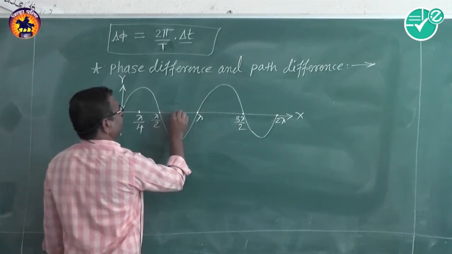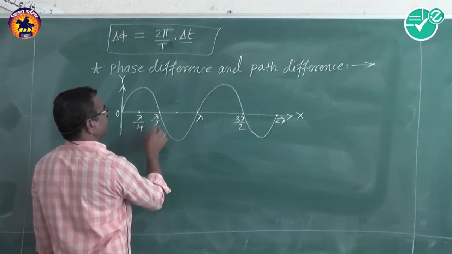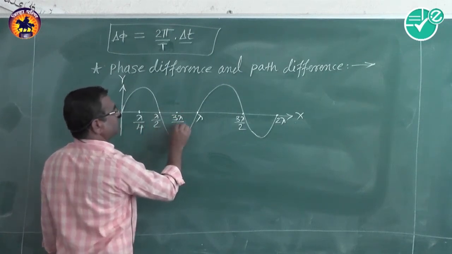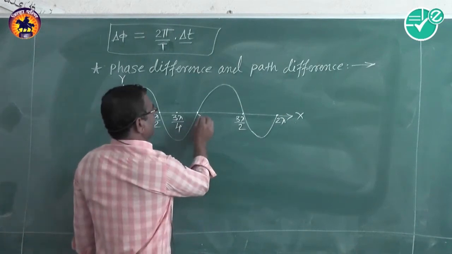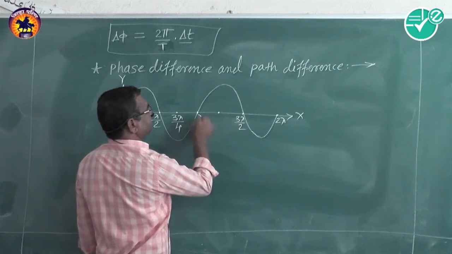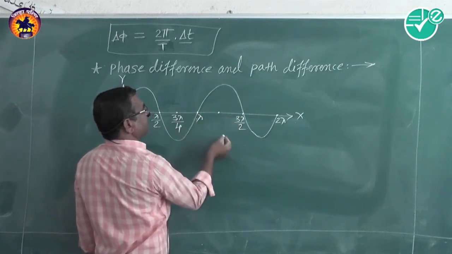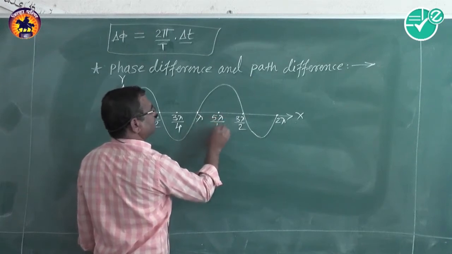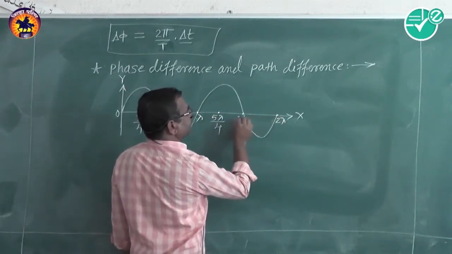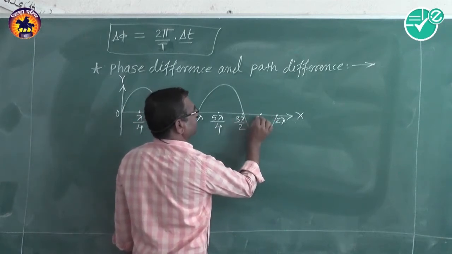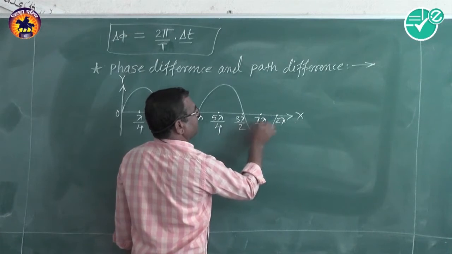Then we add lambda by 2 plus lambda by 4, which equals 3 lambda by 4. Again lambda plus lambda by 4 is 5 lambda by 4. Then again we add lambda by 4, and this becomes 7 lambda by 4.